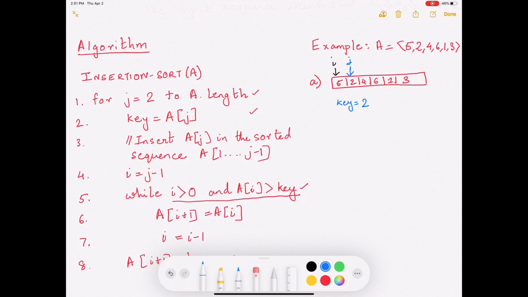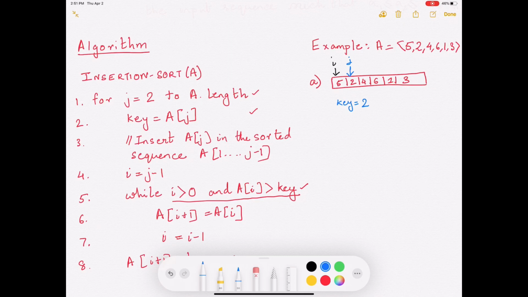Now, while I is greater than 0 and A[I] is greater than key. So this array is starting from 1 to n. If you're implementing in a particular language where the index grows from 0, you have to modify this pseudocode accordingly. But here, I'm considering that the array starts from 1 and ends at n.